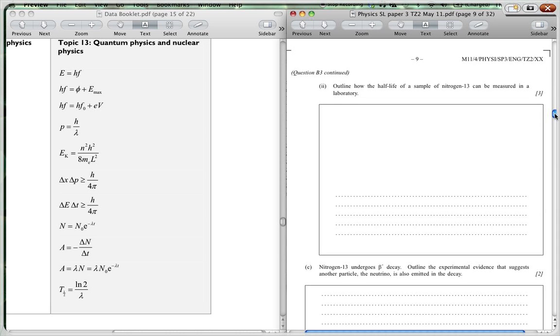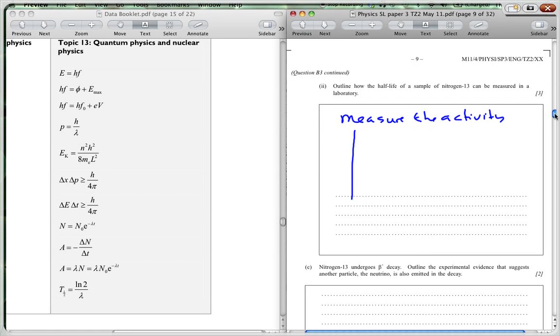So what we can do is we can just measure the activity. Because it's got a relatively short half-life, 580 seconds, about 10 minutes, you can measure the activity.